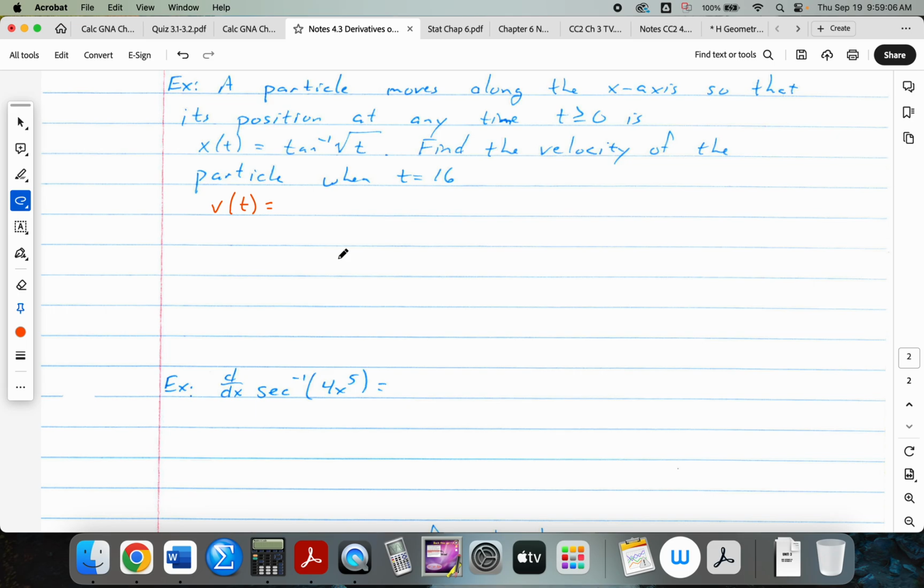The derivative of tangent inverse of something is 1 over 1 plus whatever that something was, which is the square root of t, squared, times, because of the chain rule, 1/2 of t raised to the negative 1/2 power.